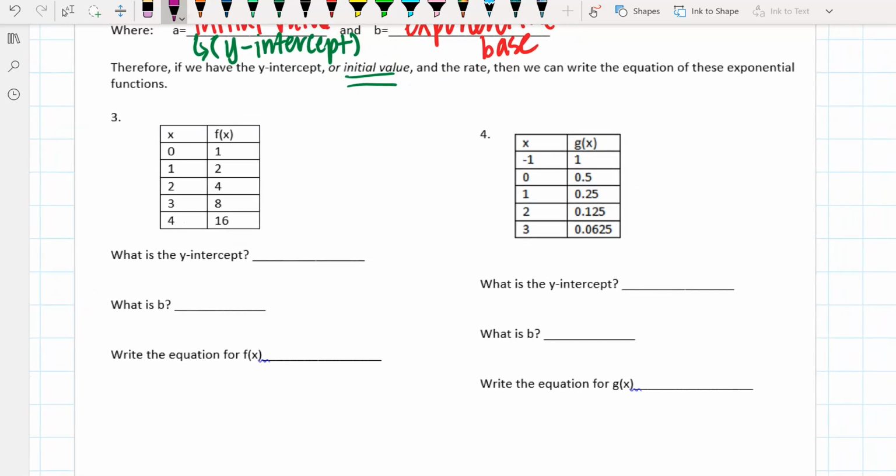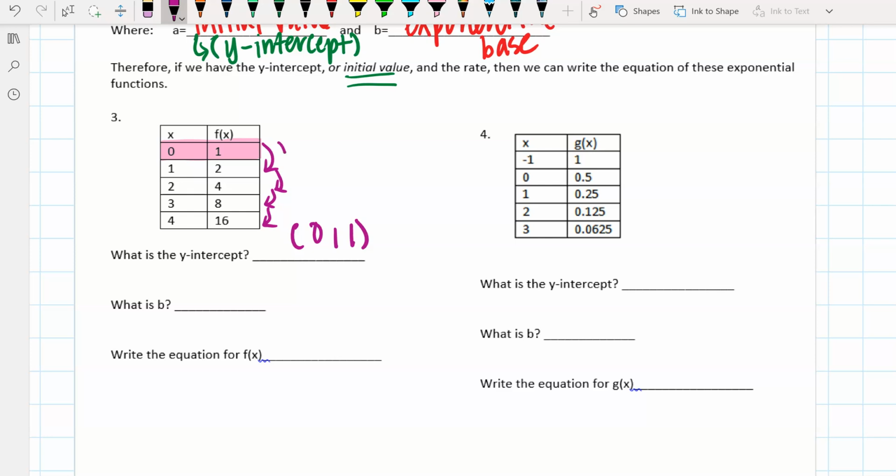So for 3, we have this table. What is the y-intercept? What is b? And we're going to write our equation. According to what a y-intercept is and according to our table, wherever x is 0, that is our y-intercept. So here, our y-intercept is 0, 1. For our b, to go from y value to y value, we need to figure out what we're multiplying by.